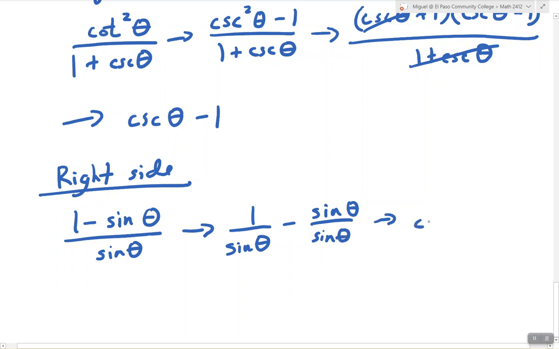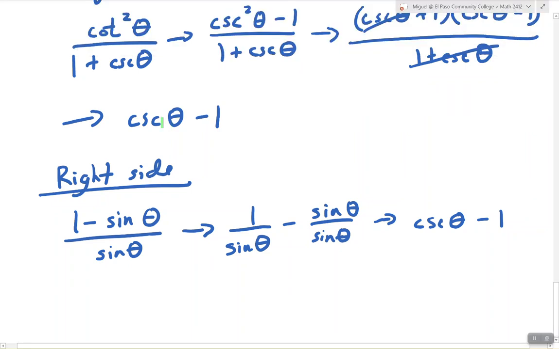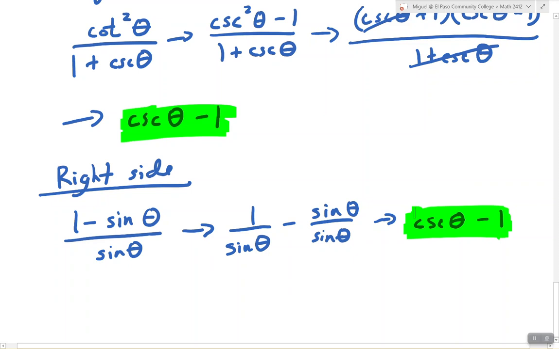And this would actually be cosecant minus 1. Okay. And at that point we would see, oh, you know what? I'm able to get the left side to this, and I was able to get the right side to this, or vice versa. And that means they are equal.